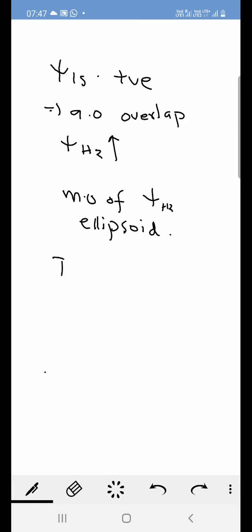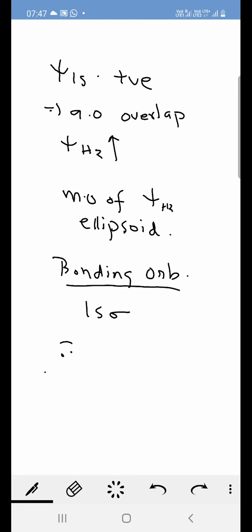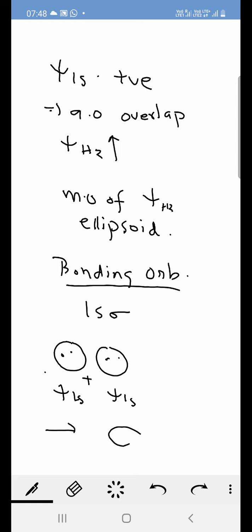So that bonding orbital is 1s sigma. So we have just the two 1s wave functions. They will add up and they will form just like this.